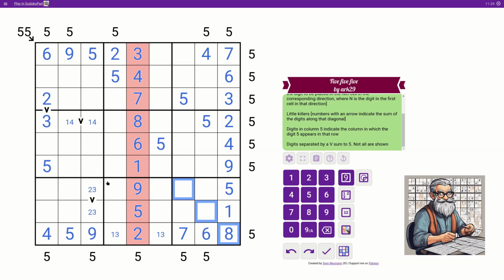Alright, any Sudoku, between quotes, tricks that I can do? We've got all the 5s, right? But what about the rest? 1? We don't have enough 1s, right? Well, not really though. Not really. Okay, 2.